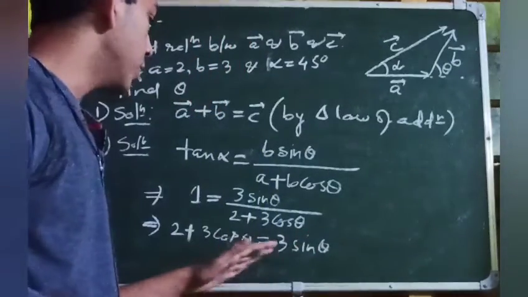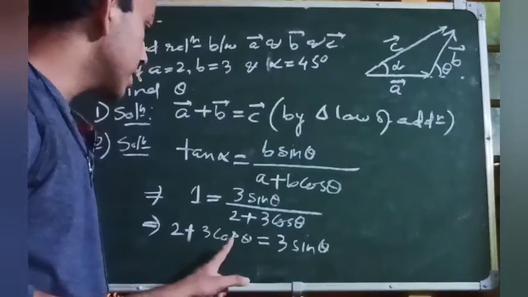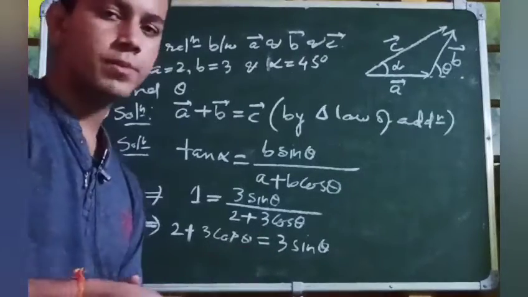Next, we have to square both the sides, so that either we can substitute cos square theta is equal to 1 minus sin square theta, or sin square theta is equal to 1 minus cos square theta.